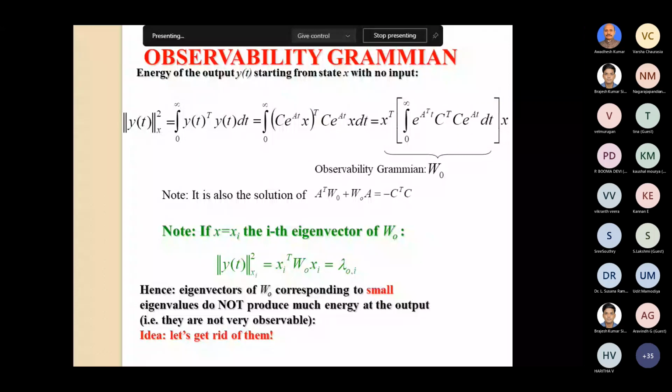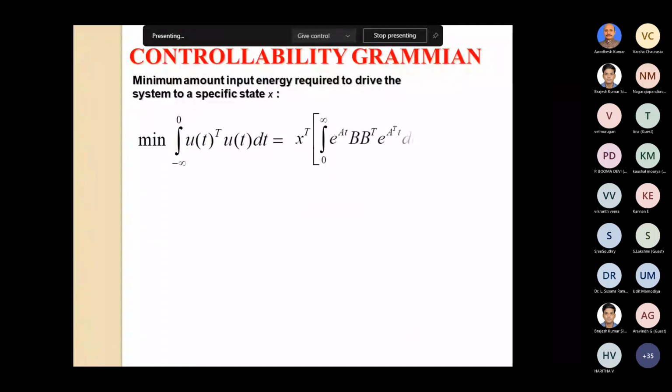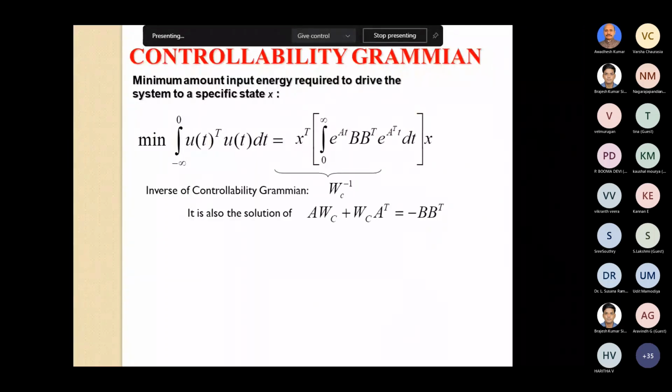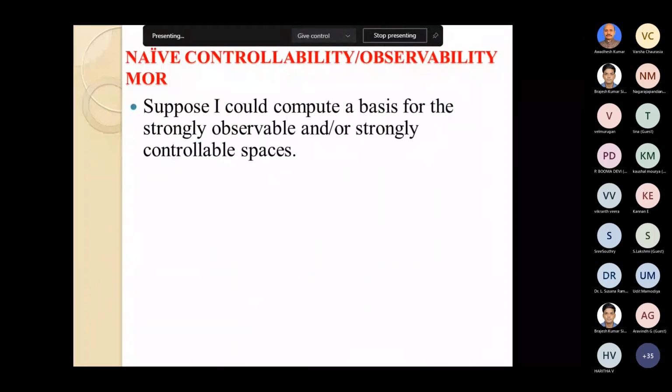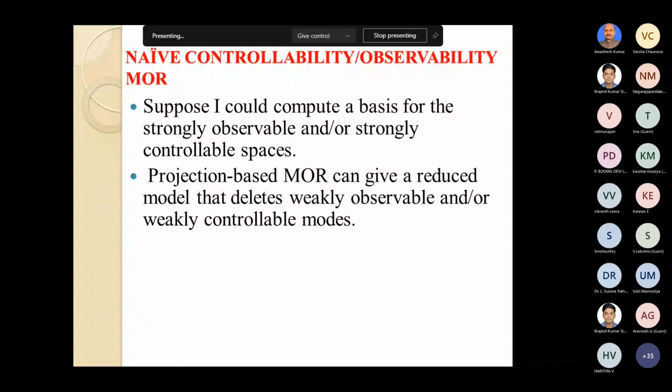So we have to determine the controllability and observability gramians using these equations; a similar equation exists for the controllability gramian also. So WC represents the controllability gramian and WO represents the observability gramian, and then finally we are able to combine this.